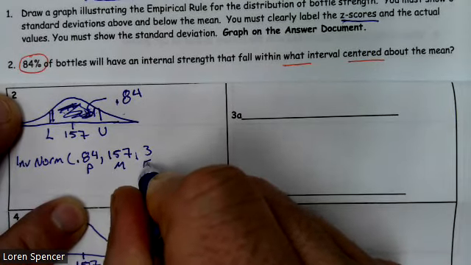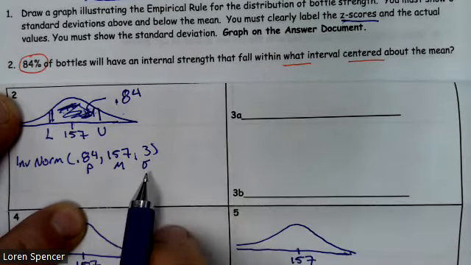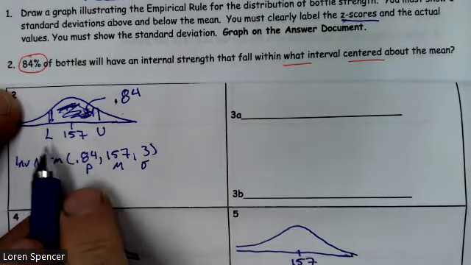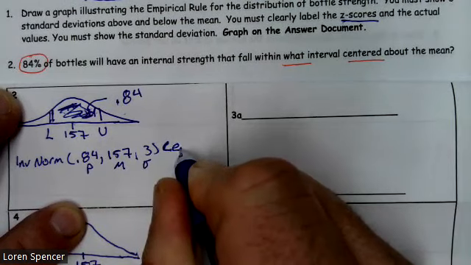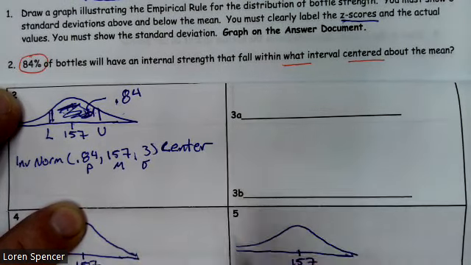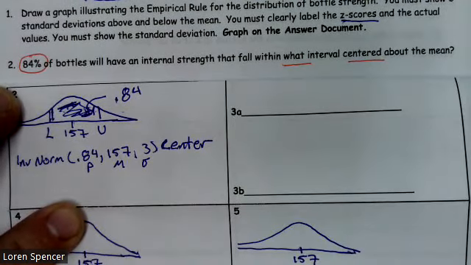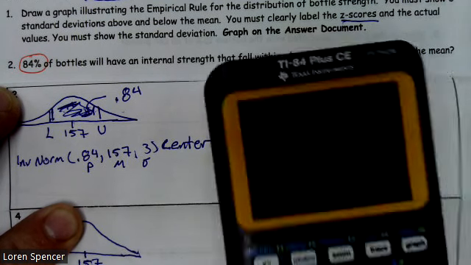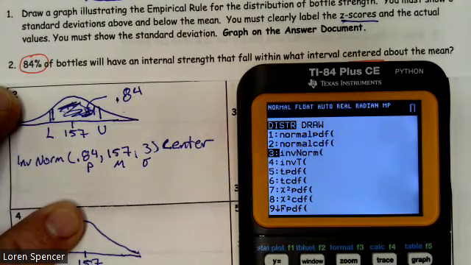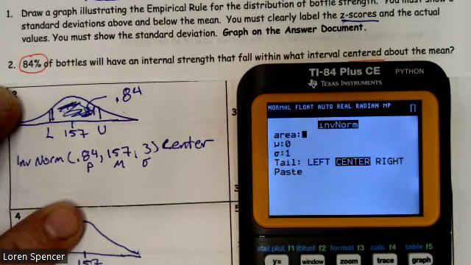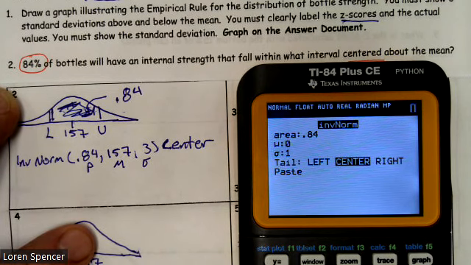Mean and standard deviation. Next thing it'll ask you is, are we going to do left, center, or right? And of course, in this case, we're doing the center because we need to be in the middle. So we're going to go to our calculator. We're going to go second vars, inverse norm, area 0.84, mean 157, standard deviation 3.